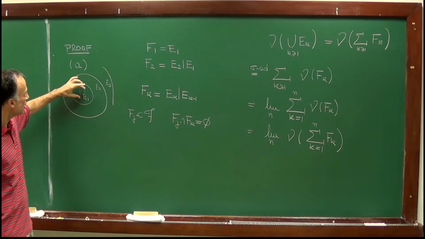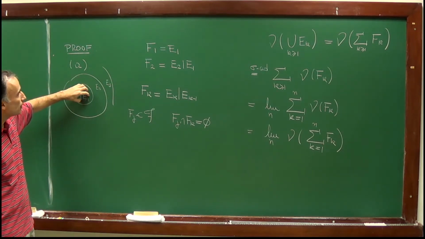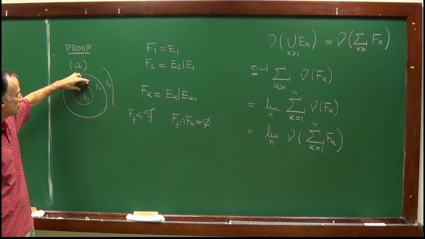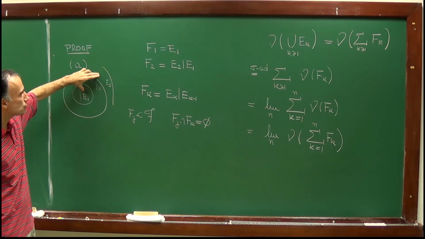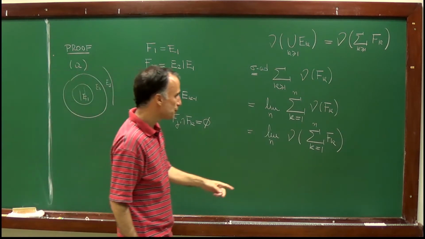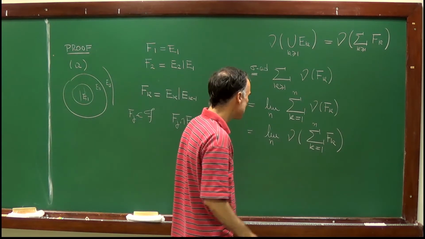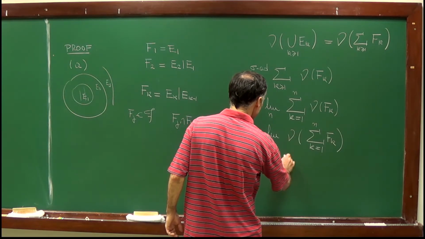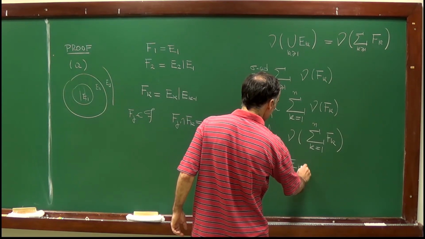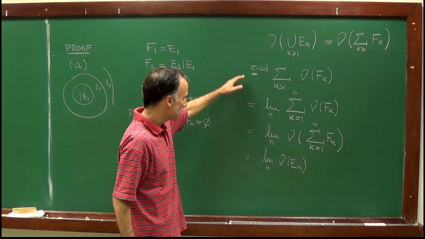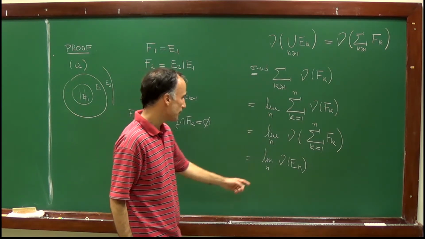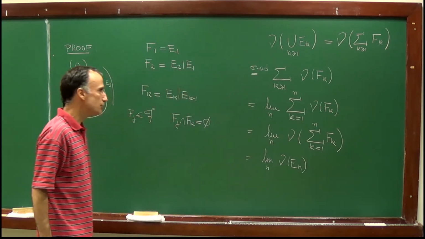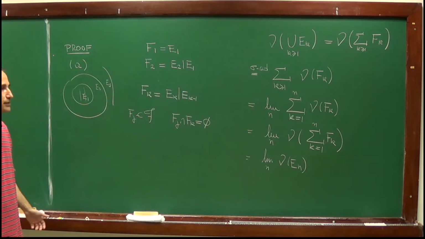And if you recall the definition, I'm taking E1, then E2 minus E1, so the union of the first two is exactly E2. The union of the first three will be E3. So the union of the first n is just En. So this is the limit of nu of En, and this proves exactly that nu of En is converging to nu of the union, which was the assertion.